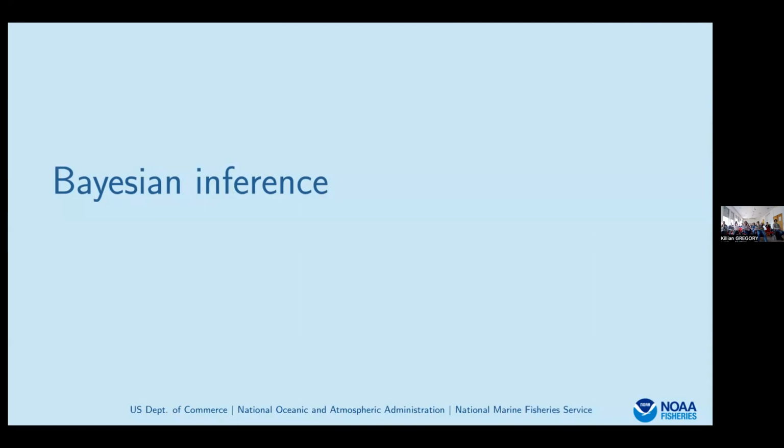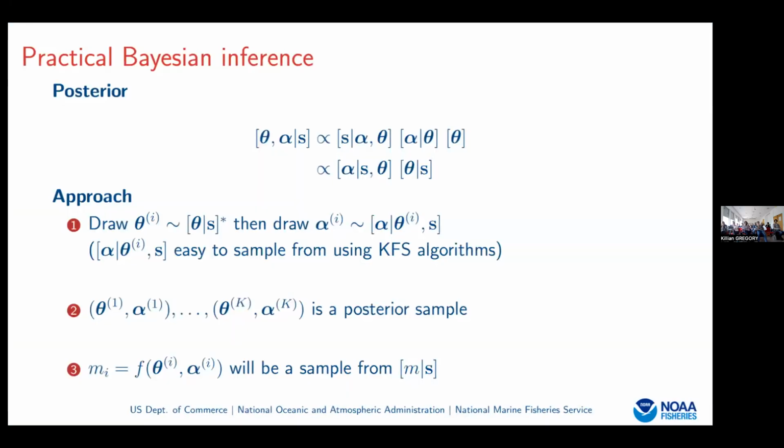Each one of those tracks is a realization from the posterior distribution of those locations. So the posterior that we'd be after has both our parameters and the missing states given the actual data that we observe. That's the posterior distribution we're after.